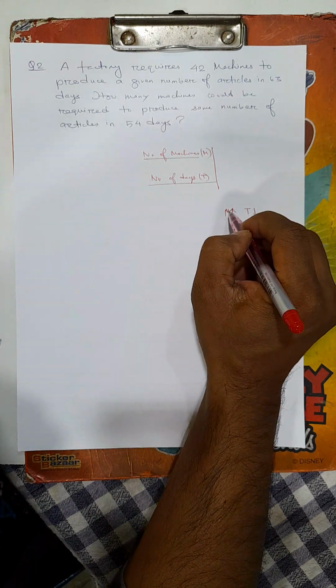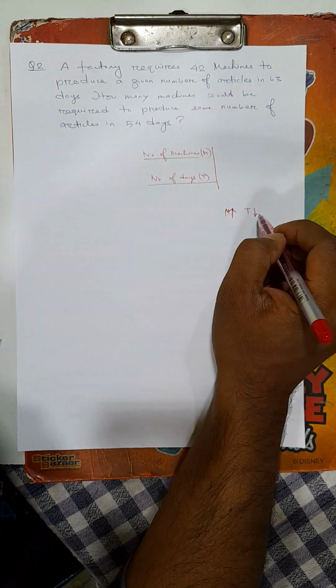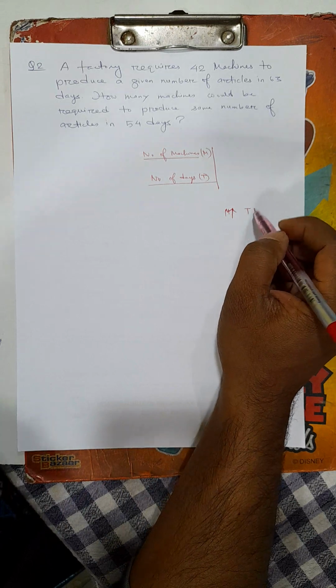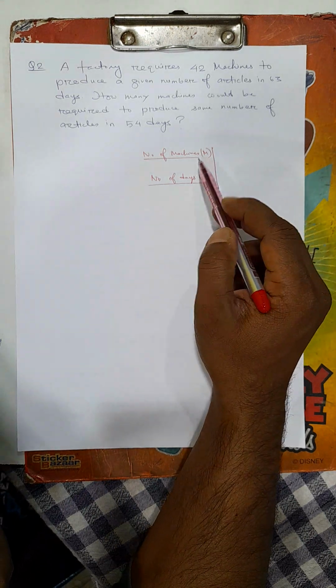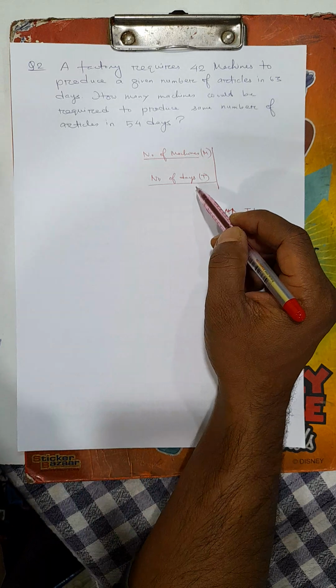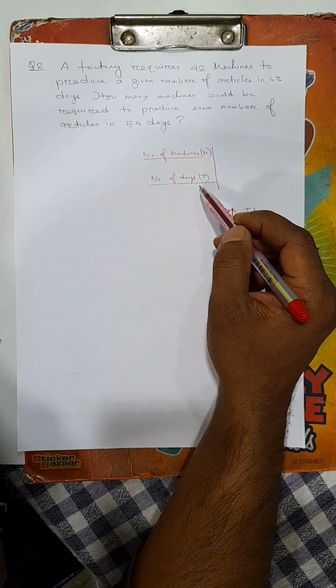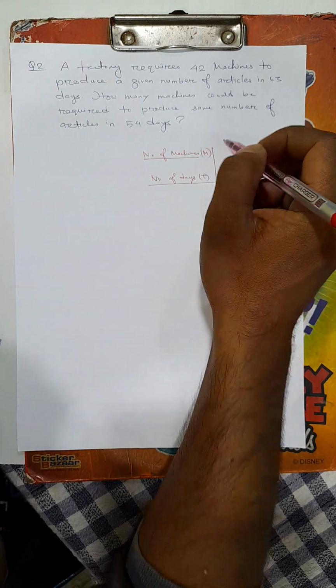When M increases, T will decrease, because if you deploy more machines, the number of days required will be less.